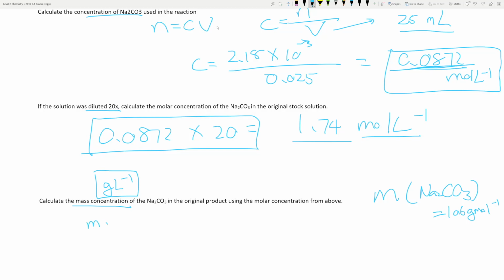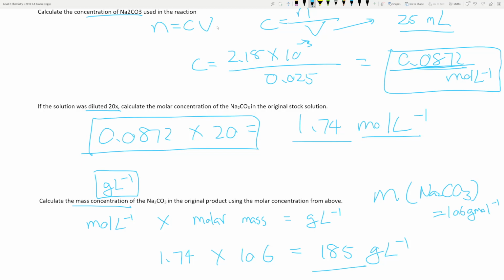How you do that is you use your moles per liter, multiply by the molar mass, and that will give you the unit in grams per liter. So in this case, I'm just going to use 1.74 times 106, and that's going to give us 185 grams per liter.